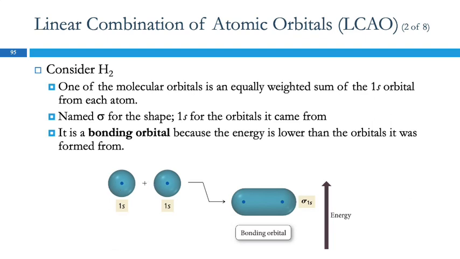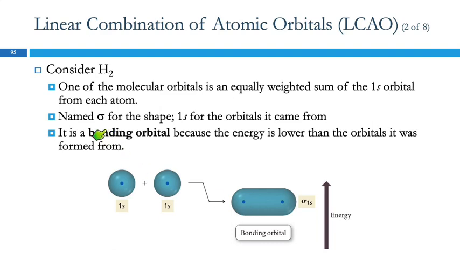We can combine those in a way that they reinforce each other, adding them together, and we get this sort of shape. You have to use your imagination a little bit. This is lower in energy than the original orbitals. It's called a bonding orbital because when the electrons are in here, the energy is lowered, and that promotes the formation of the bond.